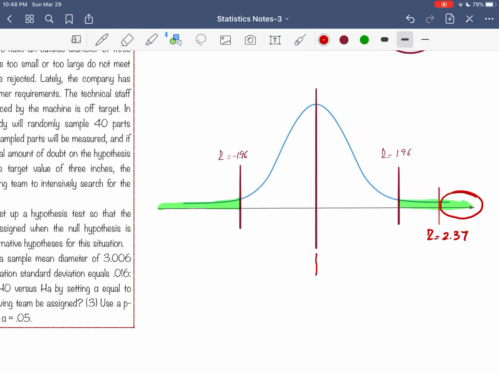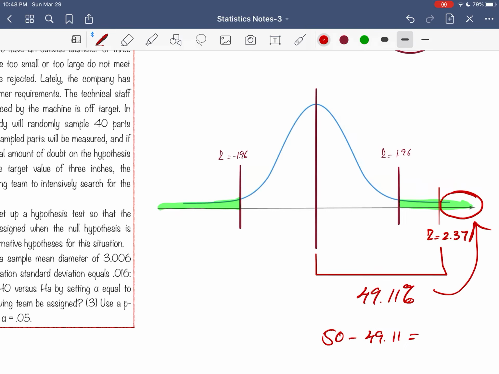So the distance from here all the way to this one is 49.11, or 0.4911, and all I'm asking you to do is find the remainder. So 50% minus 49.11 is equal to 0.89.